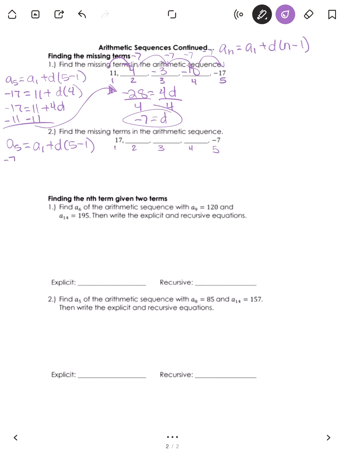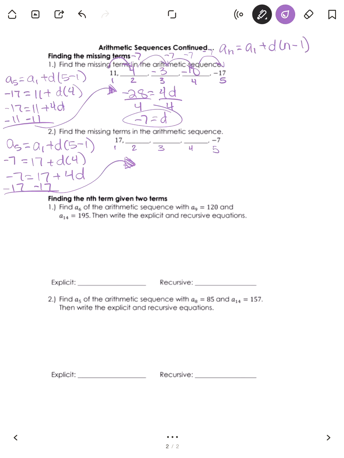The fifth term is negative 7. The first term is 17. And we have 4 times d. So we just start simplifying. You get 4d here. We need to move over that 17. And continue the work right here.